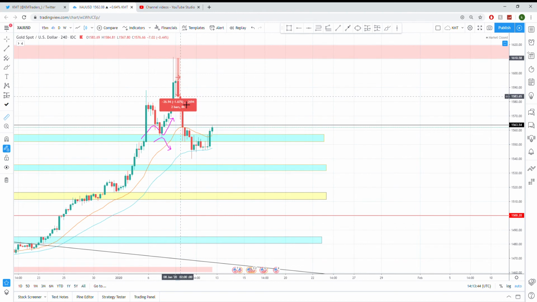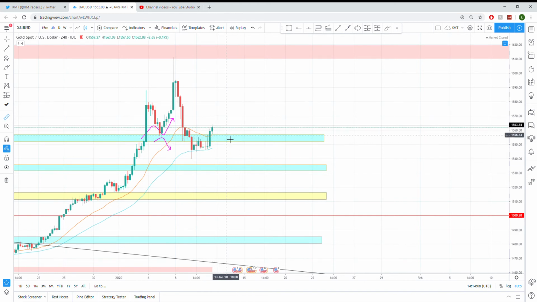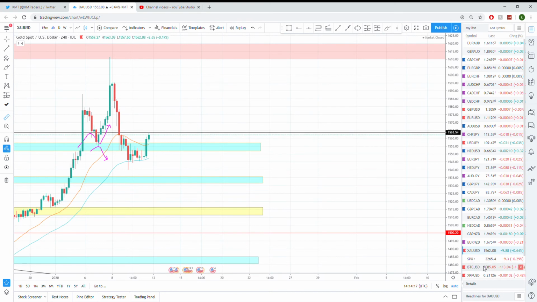And then we essentially descended back down due to the fundamentals stating that Trump was not going to go ahead with any of the war tensions that they've been suggesting, hence why this was pushed up really high. But like I said, the fundamentals controlled this, and then ultimately we've ended on the week with a bit of a bullish sentiment. So essentially we're still hovering around this area, and we will look into this area and how we can get into gold for next week, specifically on the weekly analysis video.